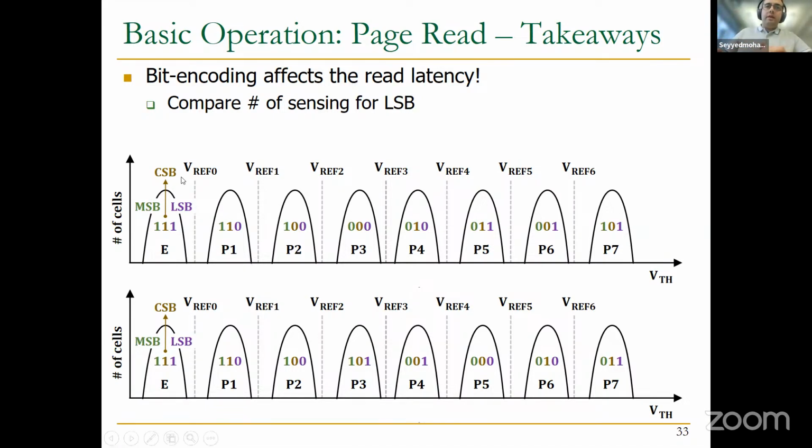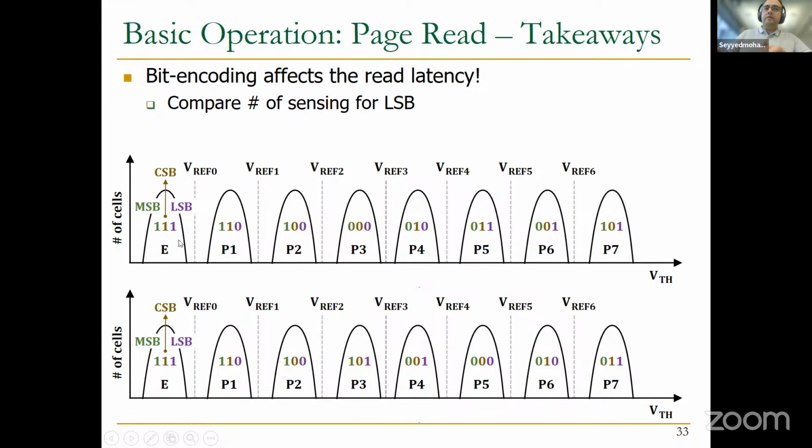You can see from this figure that here LSB is 1, then it is 0. So VREF0 is one of the candidates. Then we also have VREF4. And that's all, right?